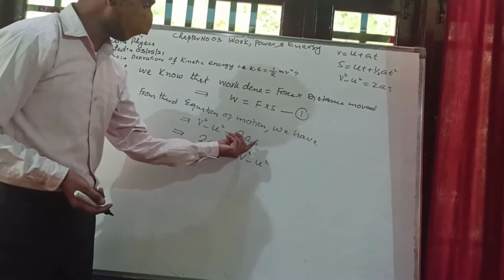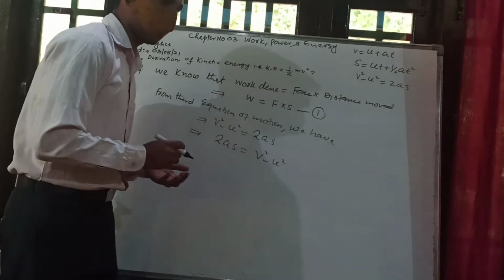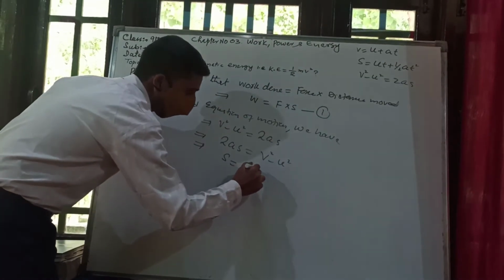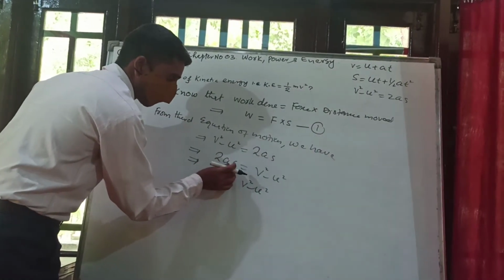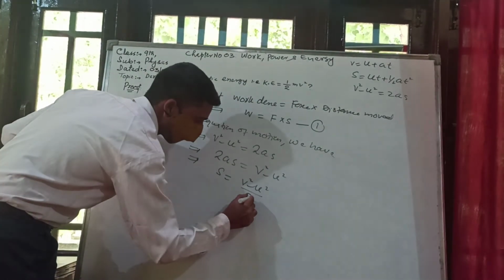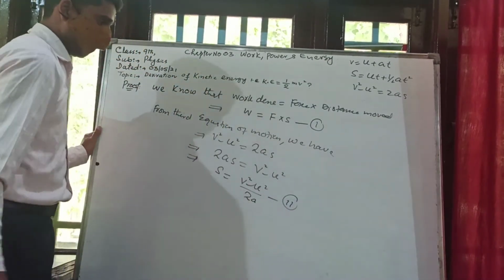What I did here, I have taken the right hand side to the left hand side, and the left hand side to the right hand side. When we take this 2a to the right hand side, it will be divided, because this is the rule in mathematics. It is equation number 2.